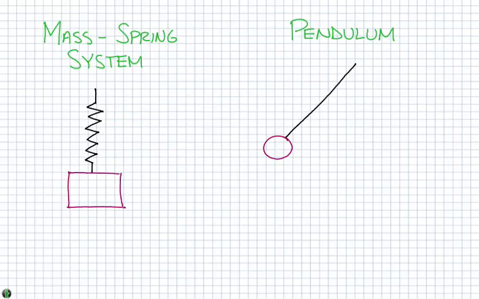When dealing with simple harmonic motion, we're going to really talk about two different examples. One is the mass spring system, which, as the name states, incorporates a mass suspended by a spring, and a pendulum, which is some kind of mass suspended by a string or bar, anything that allows it to rotate back and forth in this direction.